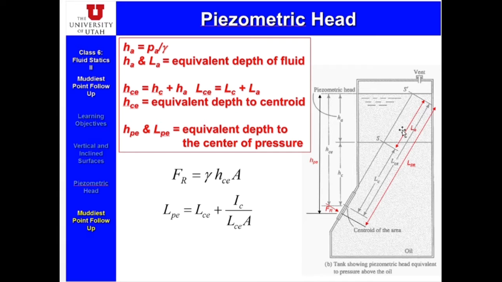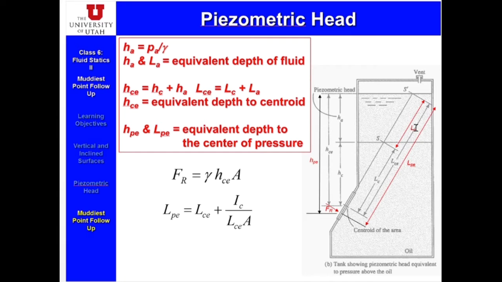So that takes into account that artificial piezometric head, that pretend head that we've added to the system. You can see here that H sub A and L sub A are the equivalent depths of the fluid from the pressure. Again, H represents the vertical distance and L represents the distance along the inclined plane.